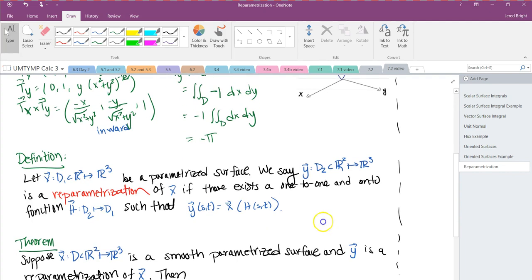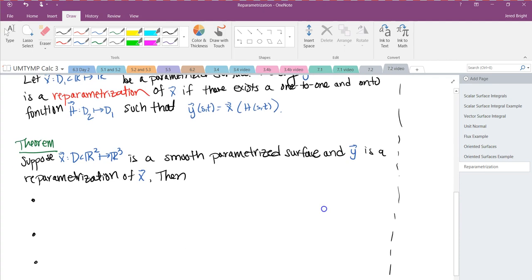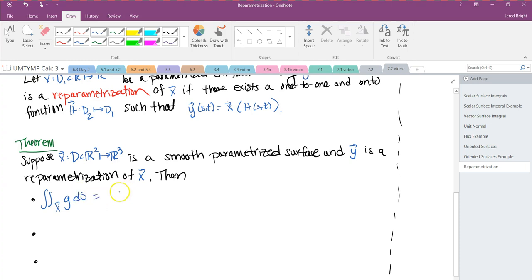Okay, and then if there is, then we end up with some nice conclusions. If we have one parameterization and a second parameterization, and there is this one-to-one mapping, then we can certainly say that the scalar surface integral of g dS is equal to the surface integral with the Y parameterization of g dS.